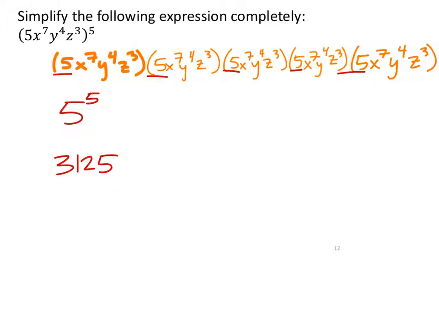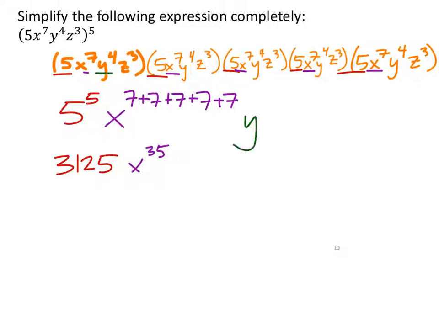Then let's focus on the x's. So here's my x's, looking at all of them. And again, just out of convenience, we'll use the rule. X to the power of 7 plus 7 plus 7 plus 7 plus 7. There's 5 of those. So that'd be x to the power of 35. Next up are y's.